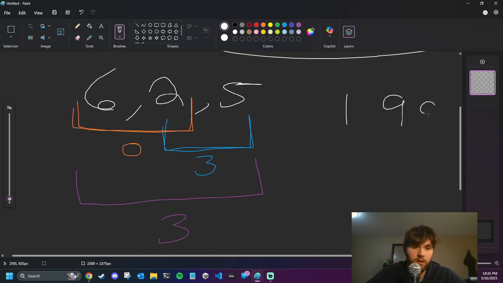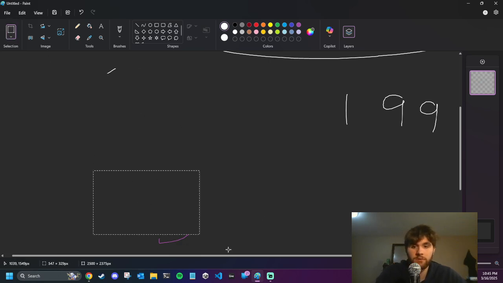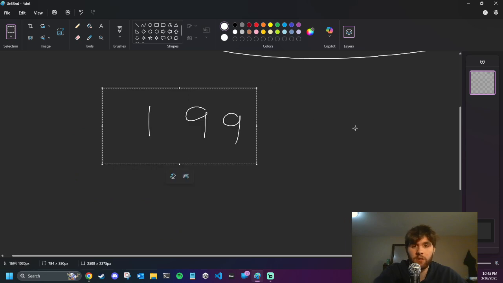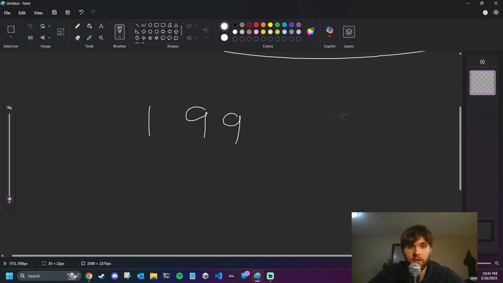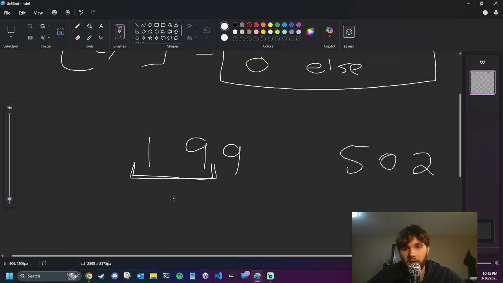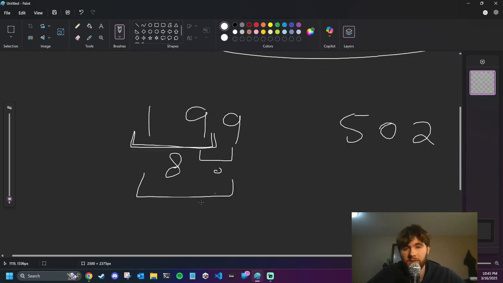So let's say I have 199. I'm just going to make up some examples. Let's say I have 199 and let's say 502. So the maximum with these two is 8. The maximum of these two is 0. So the maximum of this whole system is 8.